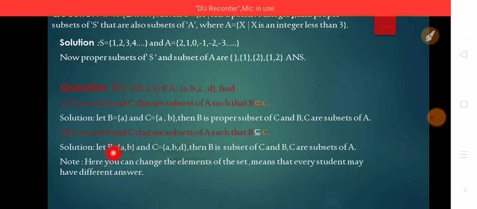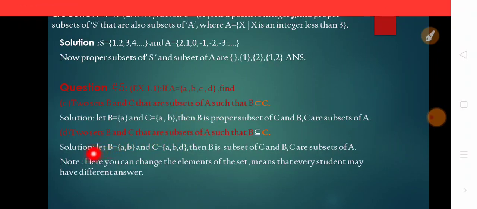Now here B is a subset of C, as all the elements of B are present in C. And B and C are subsets of A, as all the elements of B and of C are present in set A.